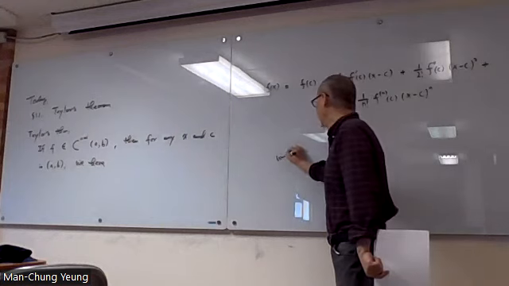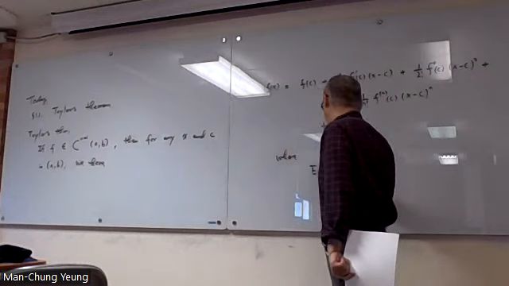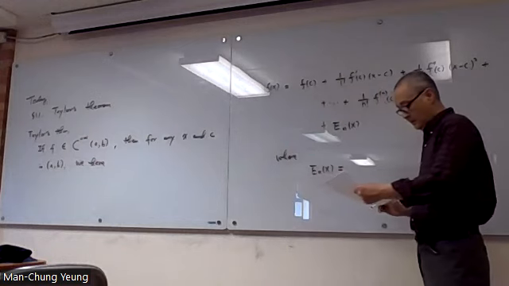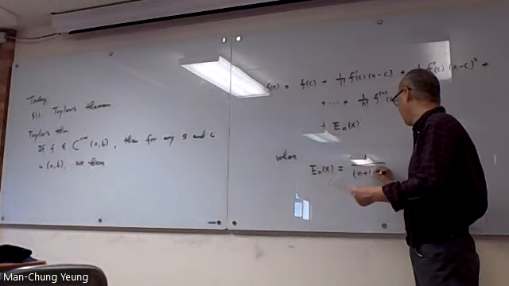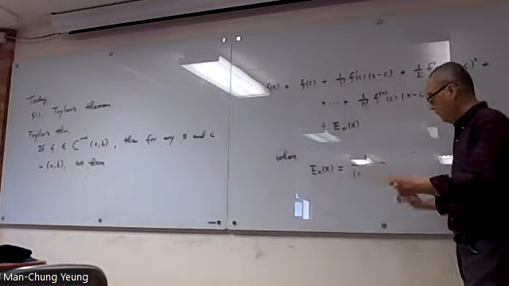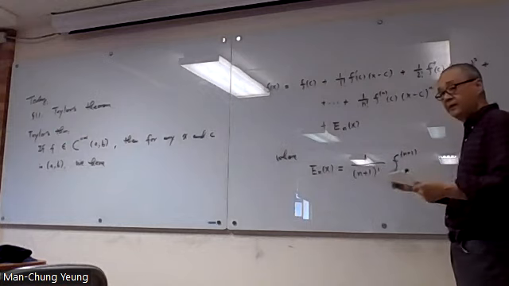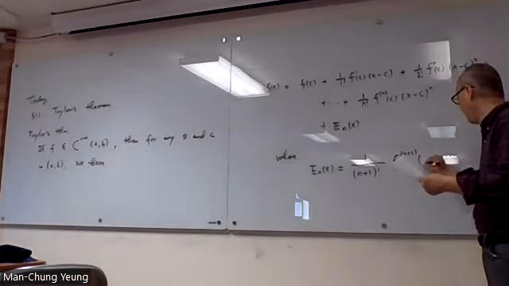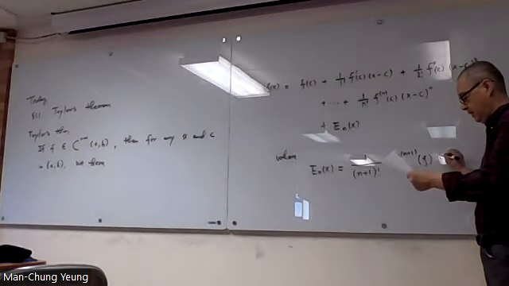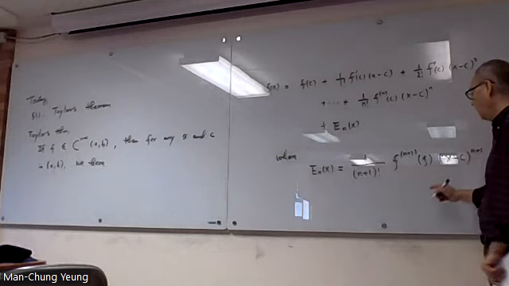The error is 1 over (n plus 1) factorial times the derivative of order n plus 1 of the function, evaluated at some point psi, times (x minus c) to the n plus 1.